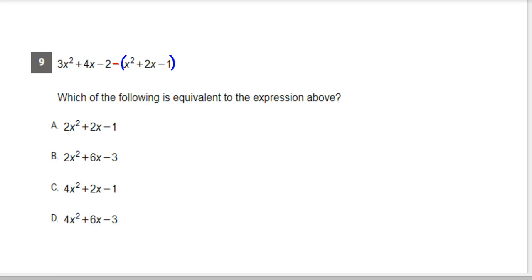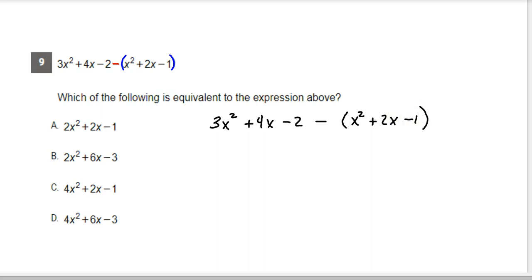So I'm going to try to walk you through two different ways that I teach people how to do this. Probably the most straightforward way is whenever you see a negative sign in front of parentheses, you want to distribute that negative through. So I'm going to rewrite this. This is 3x squared plus 4x minus 2, minus parentheses x squared plus 2x, subtract 1. I'm going to be honest, sometimes I rewrite questions so that I have more room. I know it takes a little bit extra time, and time is very important.